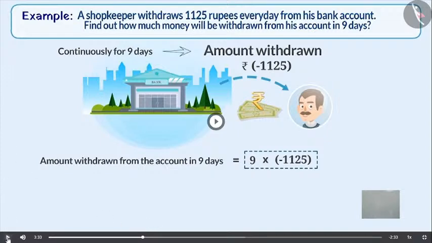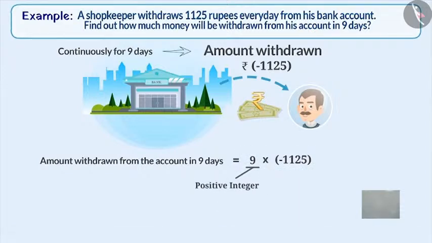Fine. Here, a positive integer is getting multiplied with a negative integer. Can you tell how we can multiply one negative and one positive integer? Think for a while. Let me tell you. First, we will multiply their numeral values.